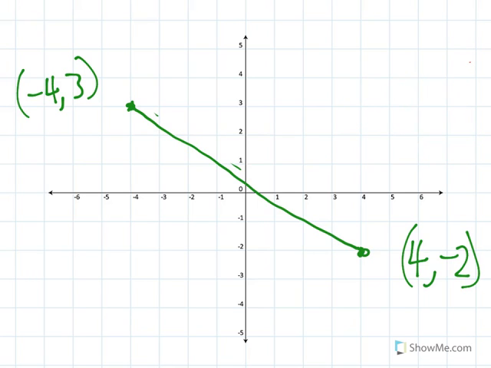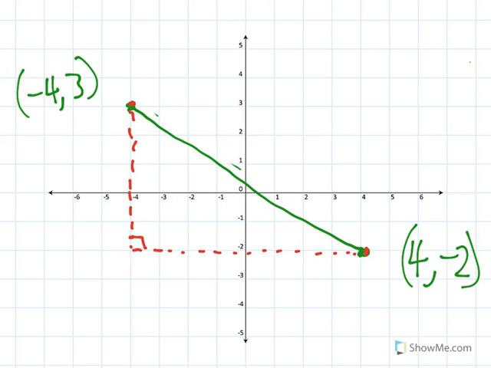Well, what we can do is take the picture we have and add to it. I have this stretch from this point to this point. What I'm going to do is go ahead and add in the imaginary right triangle that formed it.